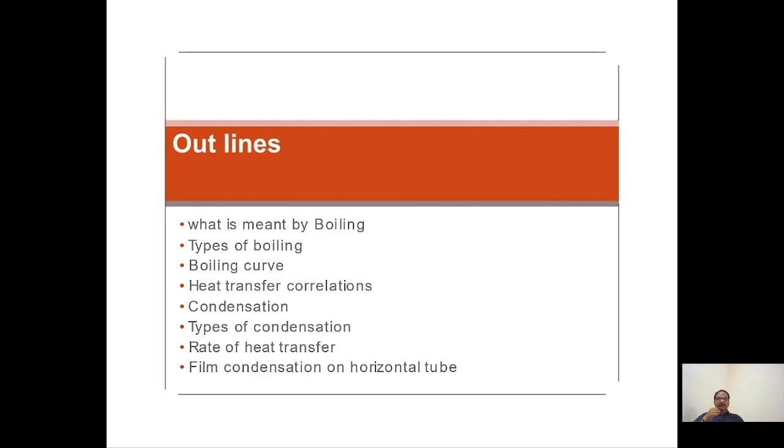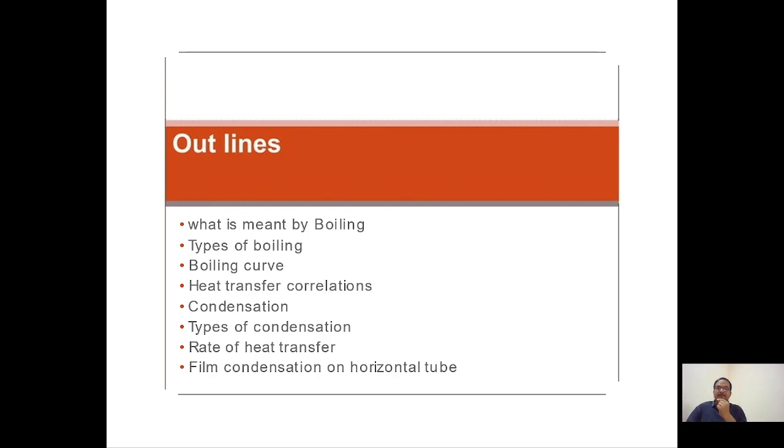In this process, the liquid becomes a vapor. In the condensation process, the vapor gets converted into liquid. In this process, the vapor strikes a surface which is maintained at a temperature lower than the saturation temperature.